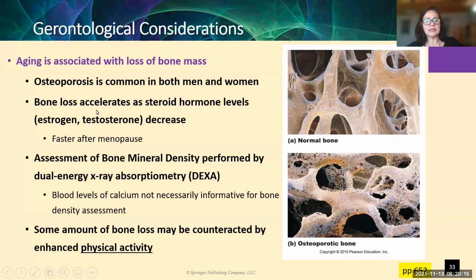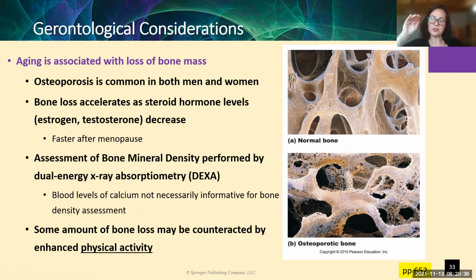It turns out that bone loss accelerates as the steroid hormones decrease. So a loss of estrogen, loss of testosterone. The problem seems to be that in the presence of estrogen and testosterone, the osteoclasts do a little bit of breakdown and then they die.